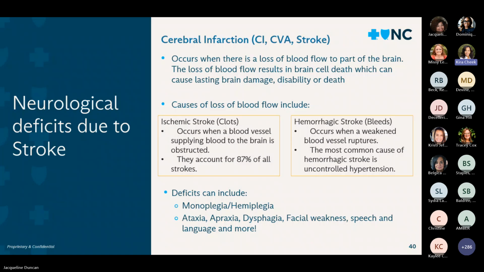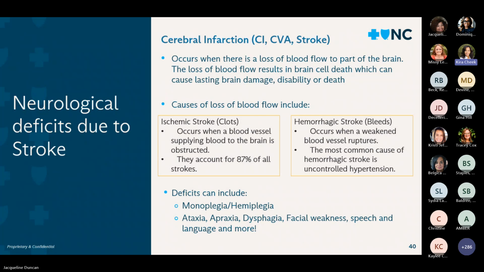Next, we are going to talk about neurological deficits due to strokes, also known as sequela of strokes. First, let's talk about the strokes themselves. Cerebral infarctions, also known as CI or CVA or strokes, occur when there is a loss of blood flow to part of the brain.